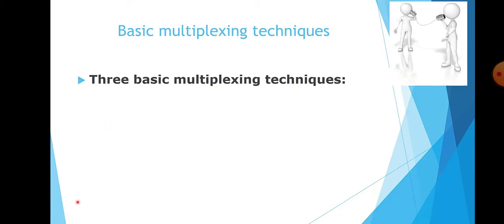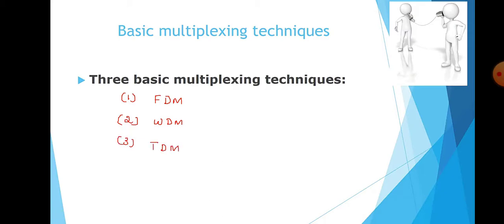The first one is frequency division multiplexing, in short, FDM. The second technique is called wavelength division multiplexing or WDM. And the third technique is time division multiplexing or TDM.